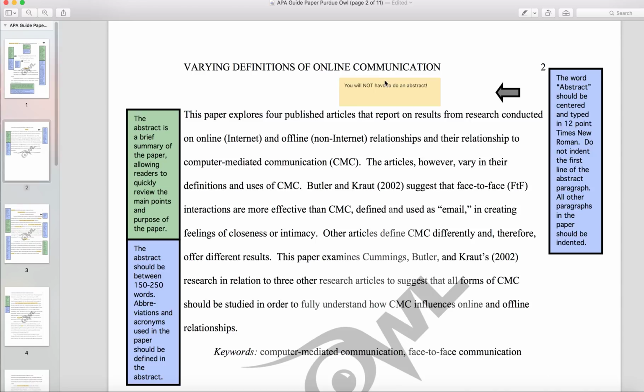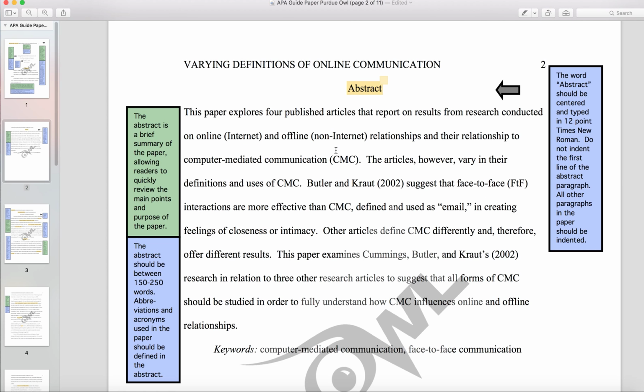And here on the notes, you will not need to use an abstract. In this paper, you can see where they use computer mediated communication, the CMC. That's just when you have a longer word you want to abbreviate, and you'll use that for the rest of the paper.